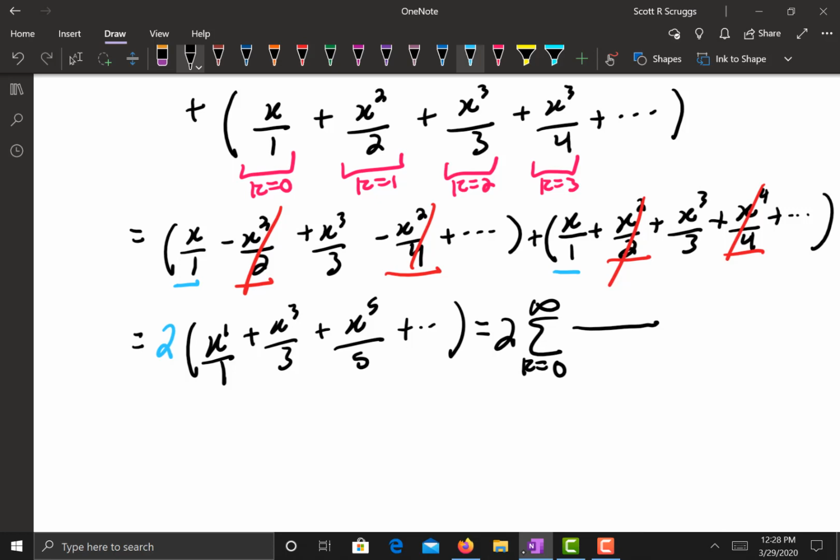As we recalled from when we talked about trig integrals, if my number is odd, I can always rewrite it as 2k plus 1. So my brand new series is x to the 2k plus 1 divided by 2k plus 1, and they all have a common factor of 2.